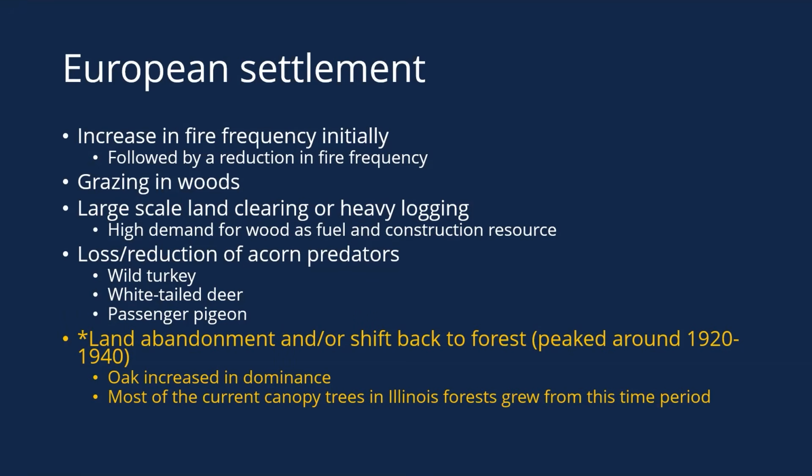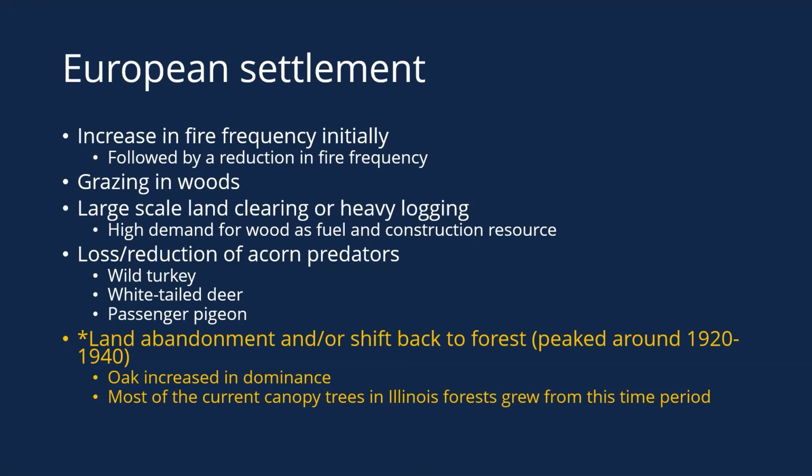And so, with several decades of this really harsh, heavy use of fire, grazing, land clearing, heavy logging, and the loss of acorn predators, we actually saw an increase in oak dominance. Oaks were probably at a higher prevalence in our forest in the early to mid 1900s than they even were historically, because they really did well with this harsh treatment.